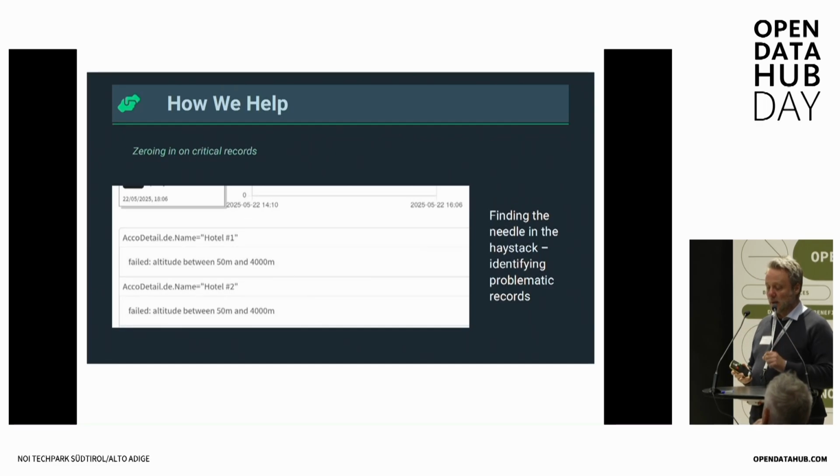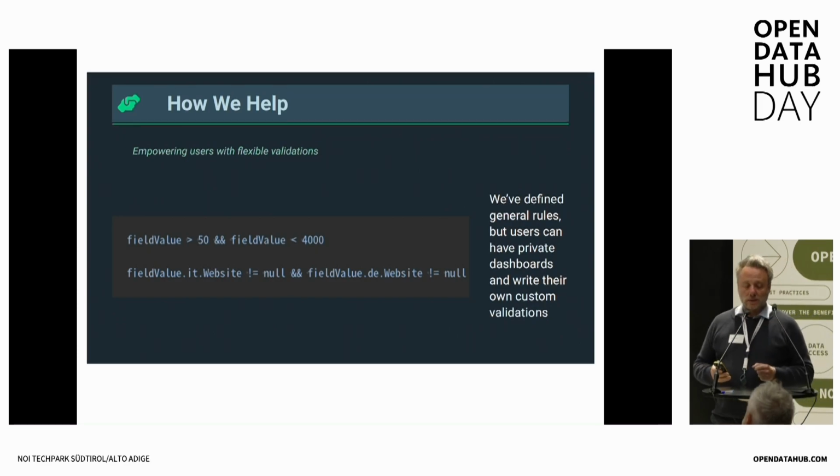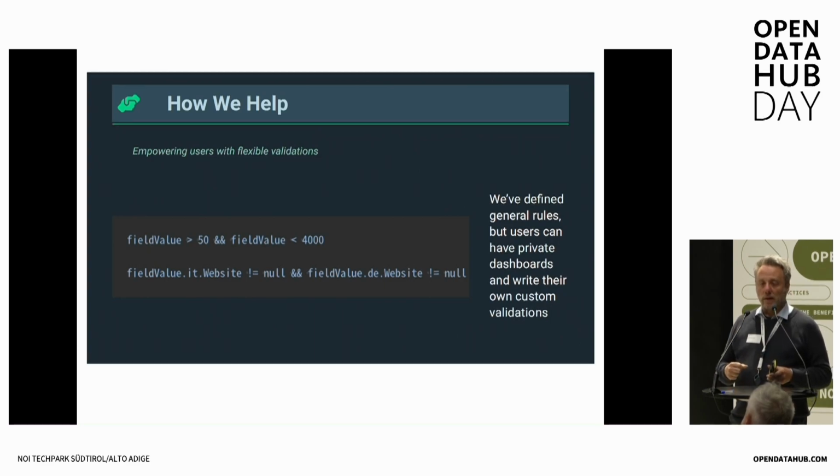So you can point exactly to the problem. As said before, it's even possible to customize tests, so using the private dashboard, you can yourself write the condition expression that should be checked for quality.